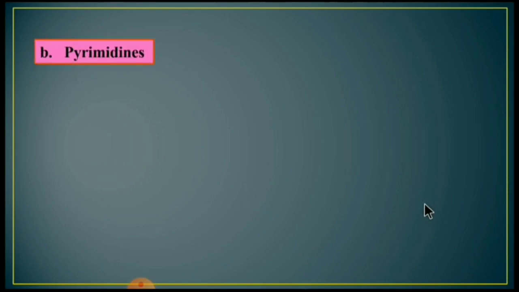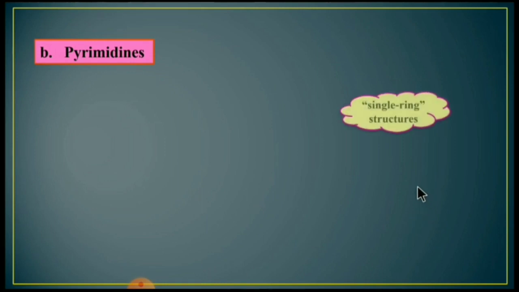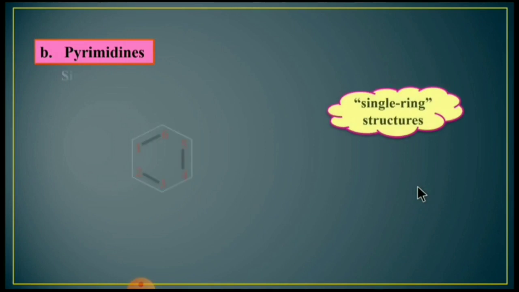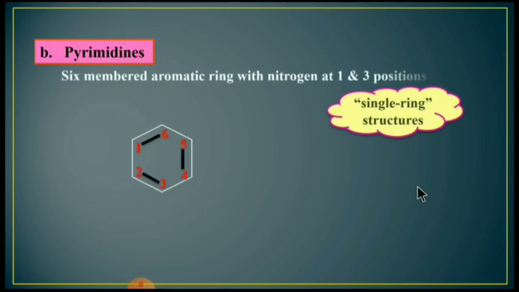Come back to the second type of nitrogen bases, that is pyrimidines. The pyrimidines are single ring structures, a six-membered aromatic ring with nitrogen atoms at the 1st and 3rd positions.